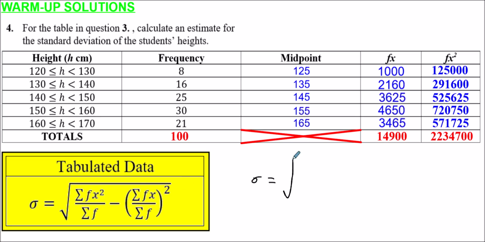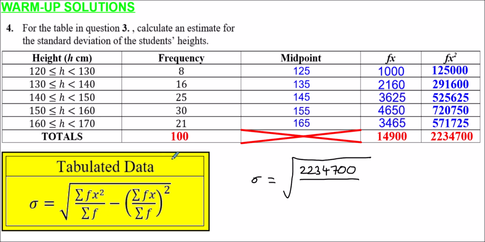So standard deviation is the sum of the fx squared, so it's this total here, 2234700, divided by the total of the frequencies. This just means the grand total of all your data values. So here, there were 100 students.